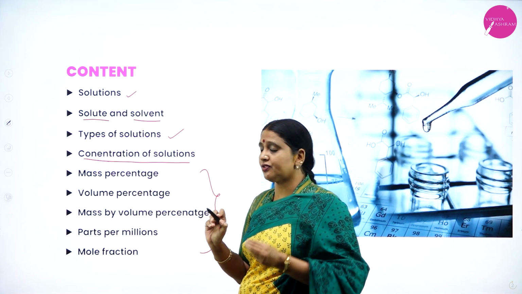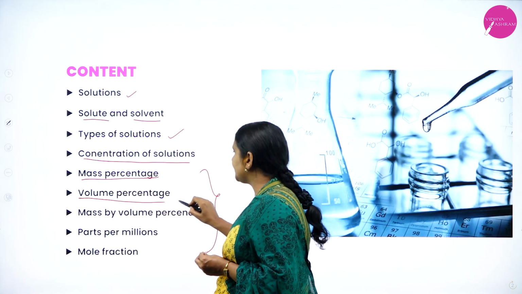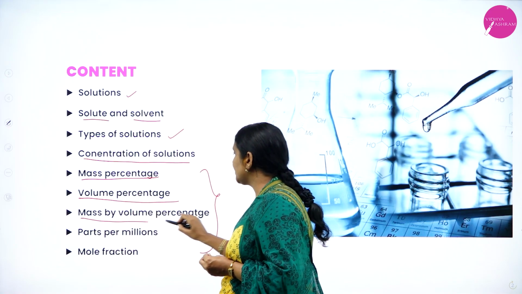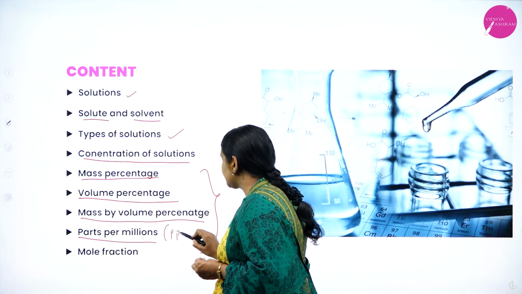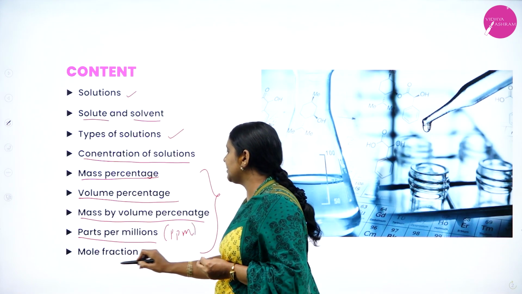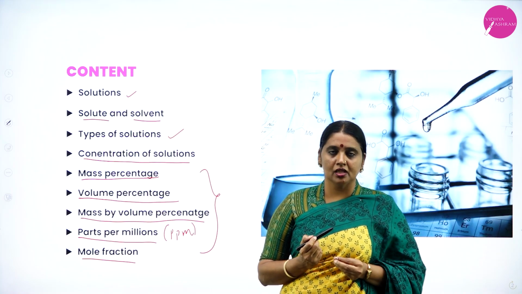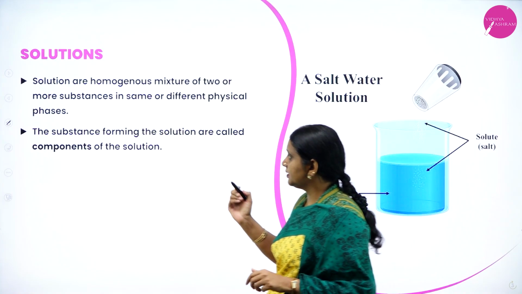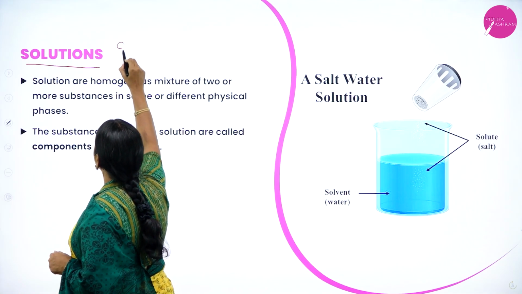The 5 units are: first, mass percentage; next, volume percentage; next, mass by volume percentage; next, parts per million, also called ppm; and next, mole fraction. Now, consider solutions. The chapter name is Solutions.